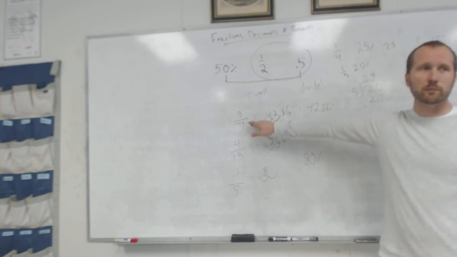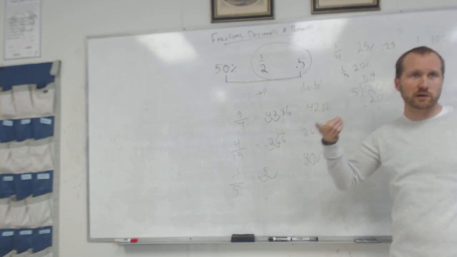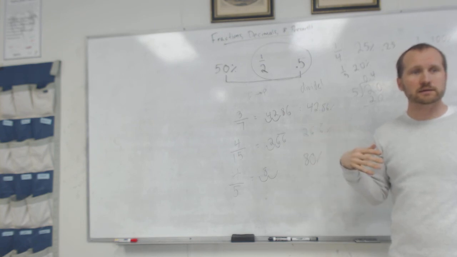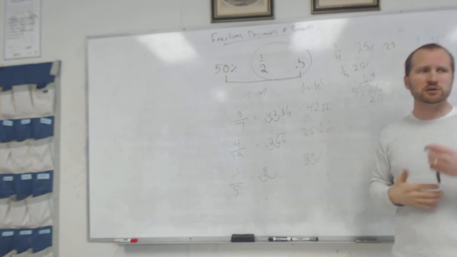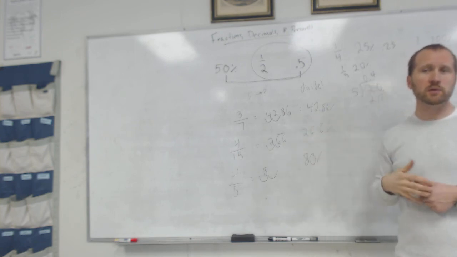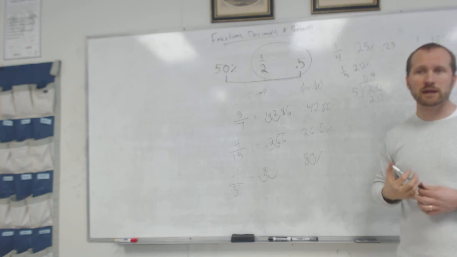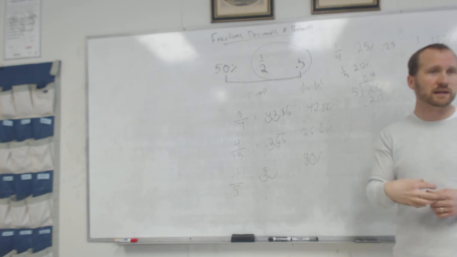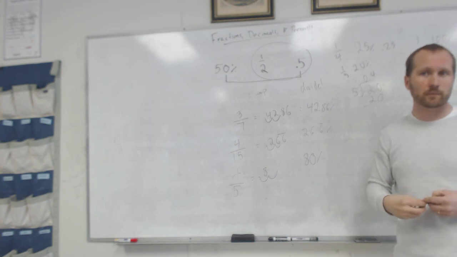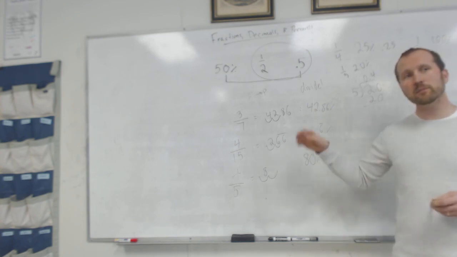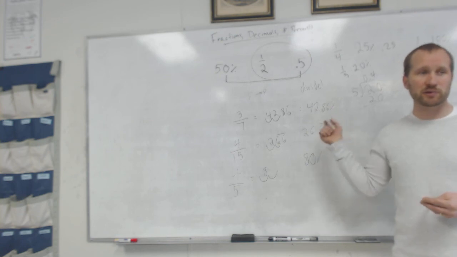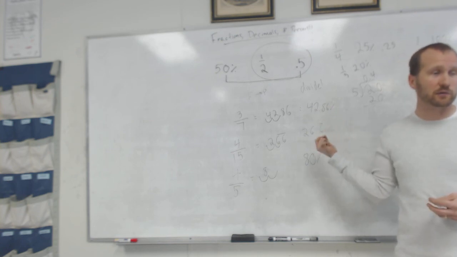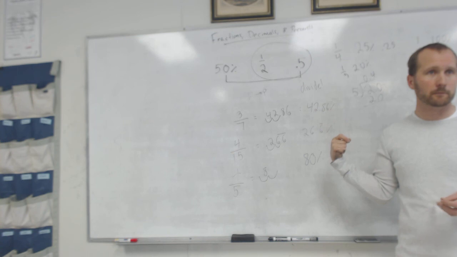We know that any number bigger than 1 is going to be bigger than 100%. So if you keep those benchmarks in your head, it'll keep you from making careless mistakes, or it'll help you catch your own mistakes when you make them. If you have a number smaller than 1, your percent better be smaller than 100%.